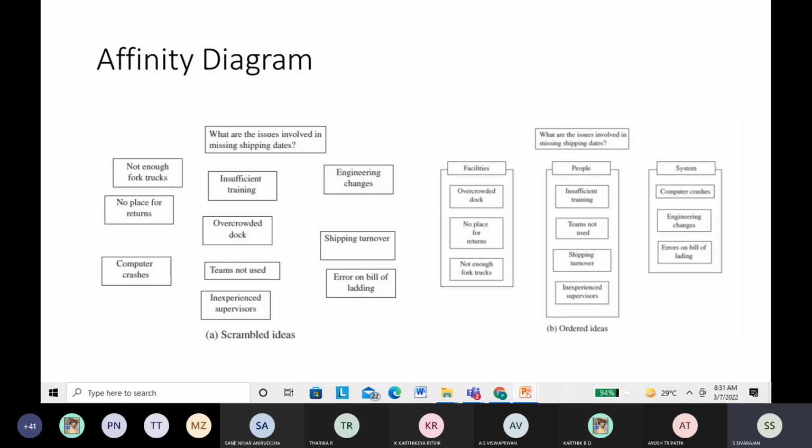Because at VIT, so many students are there. Also, they made the payment, but even the banking system has a problem. The fee receipt is not being generated. So these are all system issues. So this is called the affinity diagram. You will have a lot of scrambled data. You put them in an ordered fashion. That is called the affinity diagram.